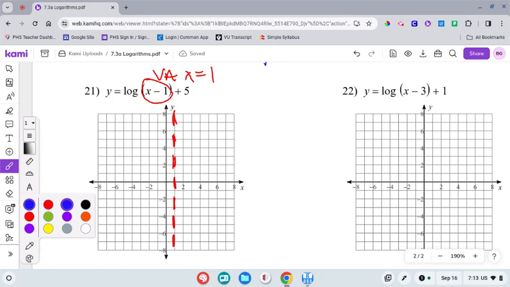It's going to do something like this shape. So just make enough points to where you can figure it out. I've got to stay to the right of 1, so maybe I try 2. If I plug in 2 right there, I'm going to have log 2 minus 1 is 1 plus 5.